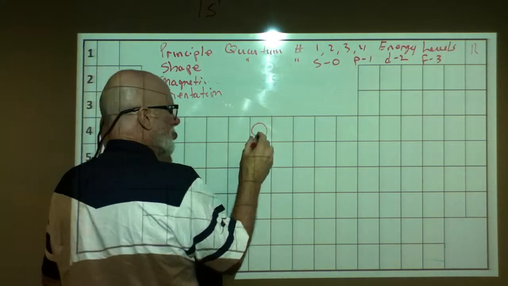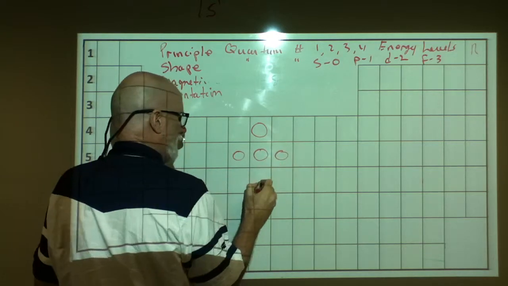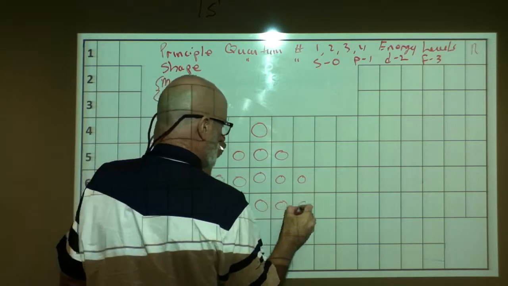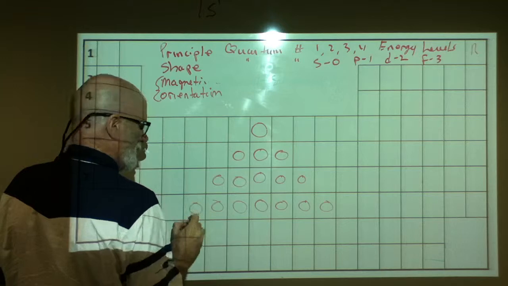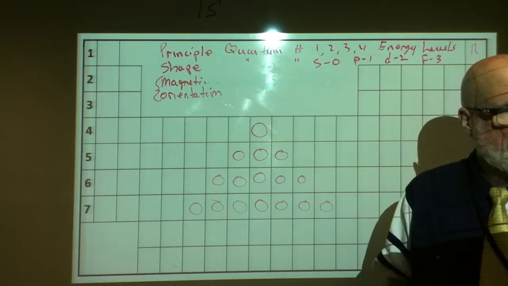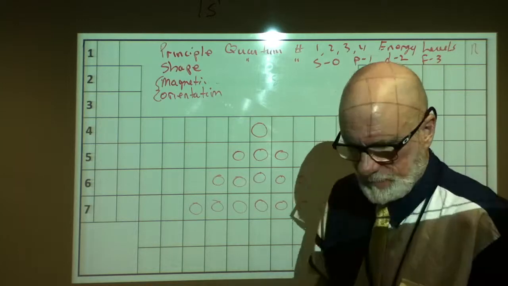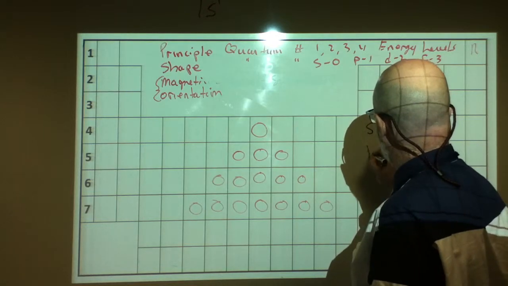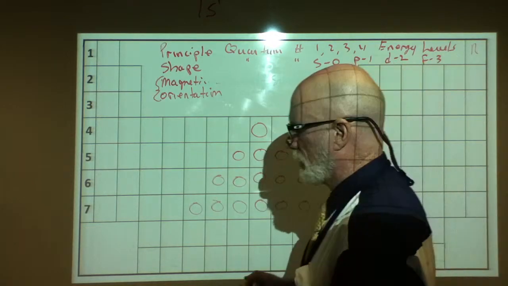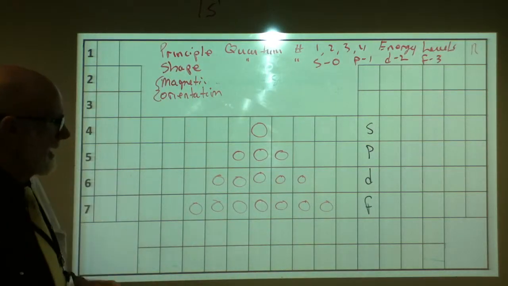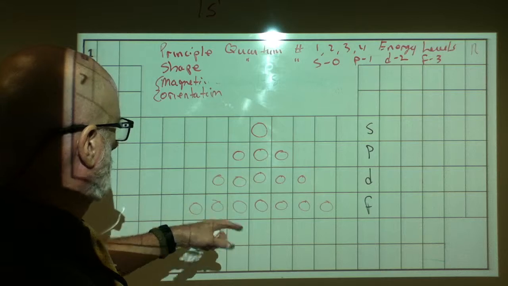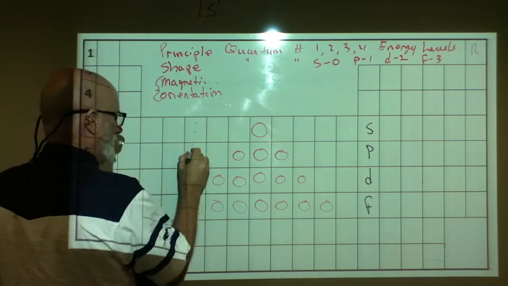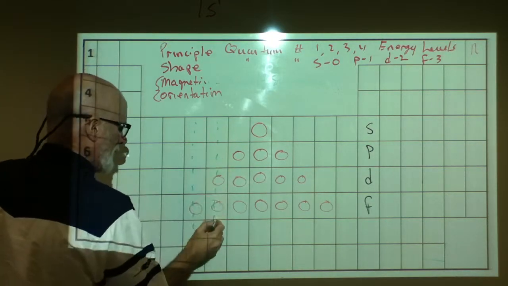This is going to be S, P, D, F, right? Yes. So that's going to be S. Are you all right with that? All right, now, these values, I can make these dotted lines, okay?